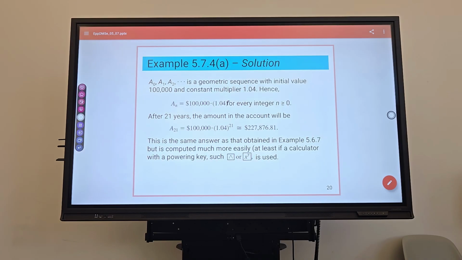After 21 years, the account will be worth $227,000 and change. This is the same answer as that obtained in the previous example, but it's computed much more easily.